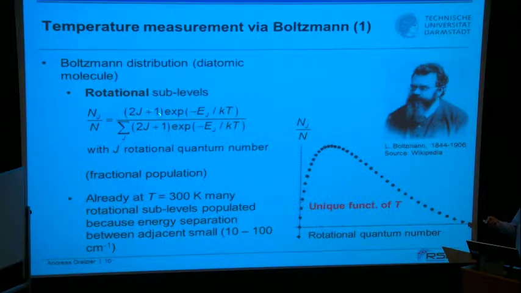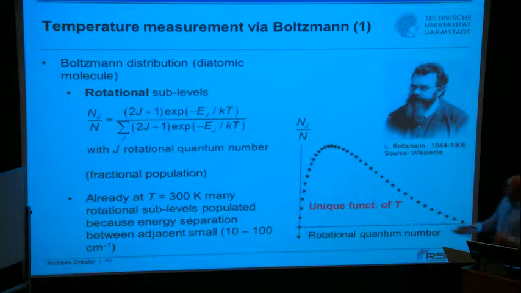So this degeneracy factor is an important part to really calculate the Boltzmann fraction, meaning the number of molecules in your probe volume which are in one specific rotational state relative to all others.